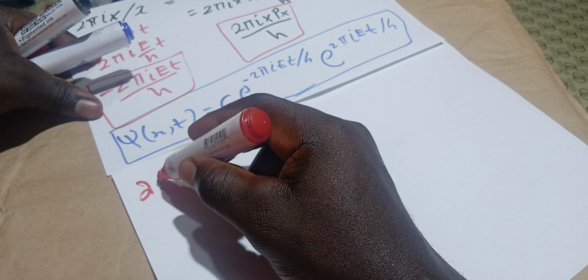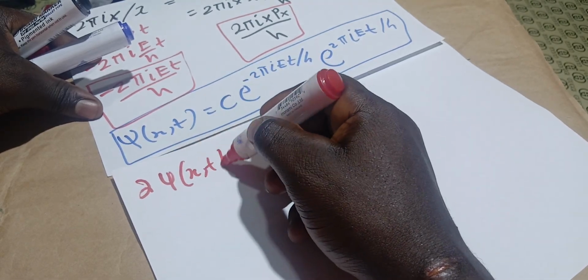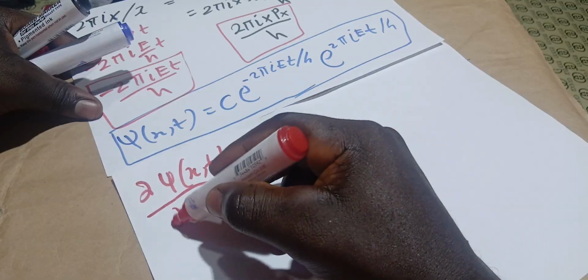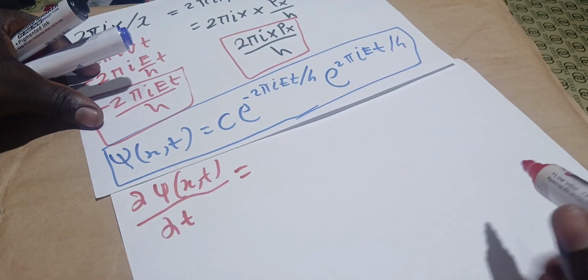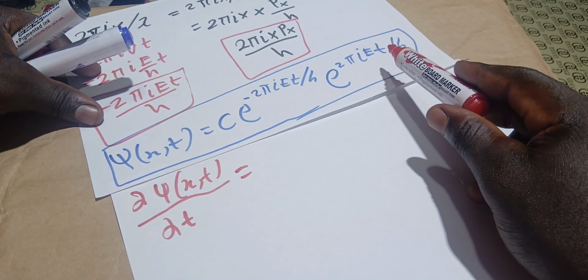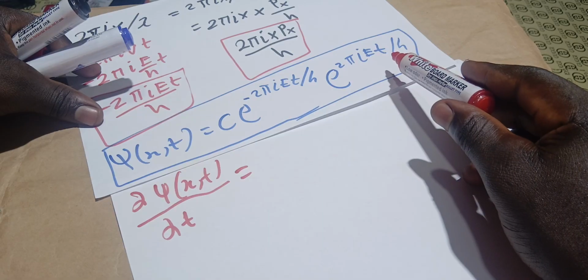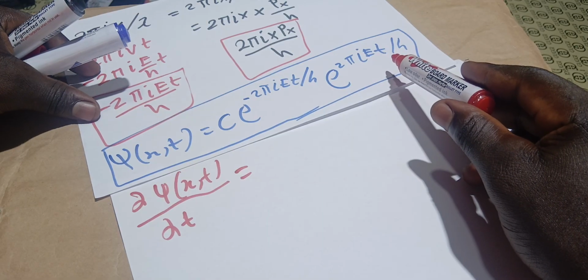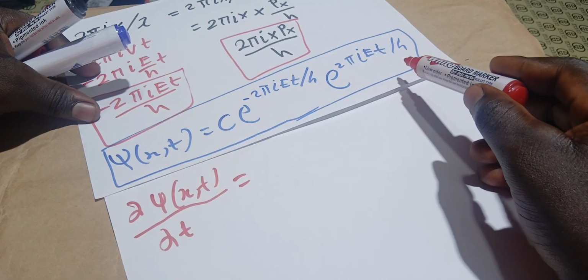So d psi(x,t) over dt will give us... So now these exponential terms, where do we have the t term?